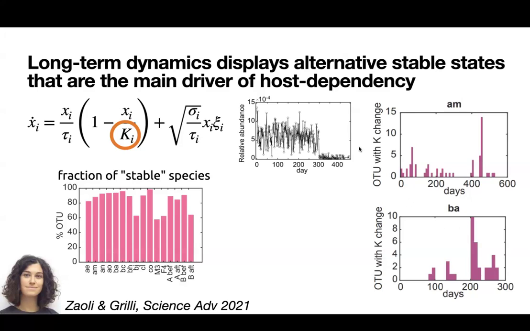Basically, we can recapitulate these changes by introducing stochastic switches in the carrying capacity, which also explain the diversity across hosts, so how much different species differ.